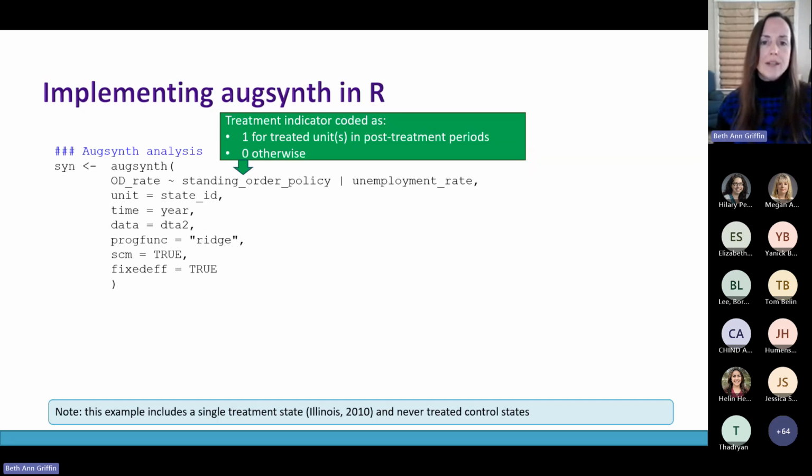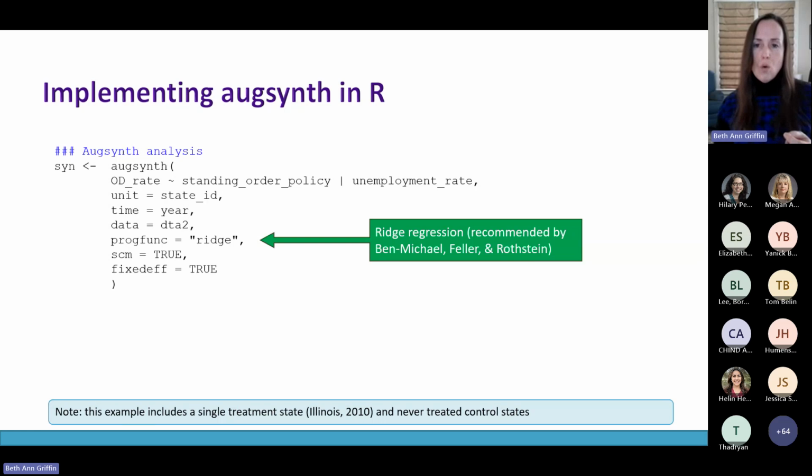Most critically, as with all the methods, there are little nuances you've got to make sure you get right when coding it up. Here we want to make sure that the protocol indicator, the standing order policy, is only 0 or 1s, no fractions. We also want to make sure we use ridge regression for the doubly robust outcome model. That's what's recommended by the authors as their preferred methodology.